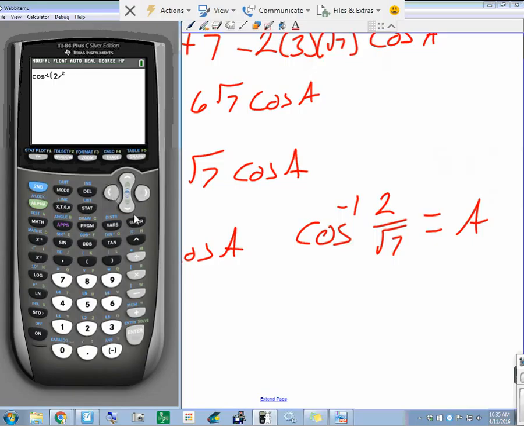Nope. Delete, go away, there it goes. Second. Square root 7, close it. That probably is going to give me an error with that other parenthesis. Nope, don't forget. Yeah, that was luck. So, I've got 40.9.